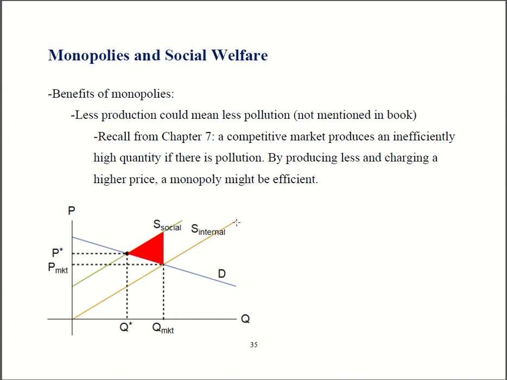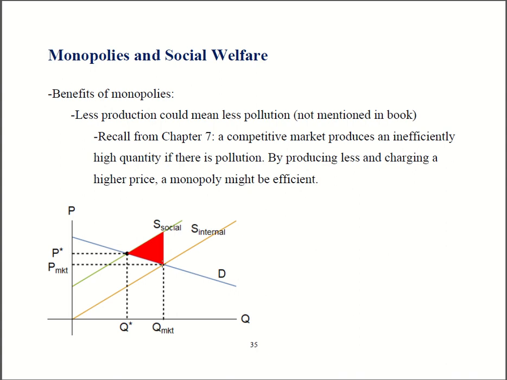If they were to account for the extra costs they impose on the rest of society, the cost through pollution, supply would be over here at S social. But the firm doesn't do that. They also look at their own costs, their own benefits. They care about this supply curve, S internal. So what they do, they charge a price over here, P market, and they produce a quantity shown down here, Q market.